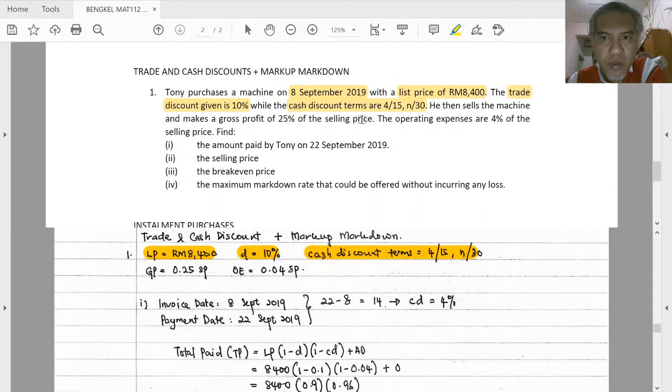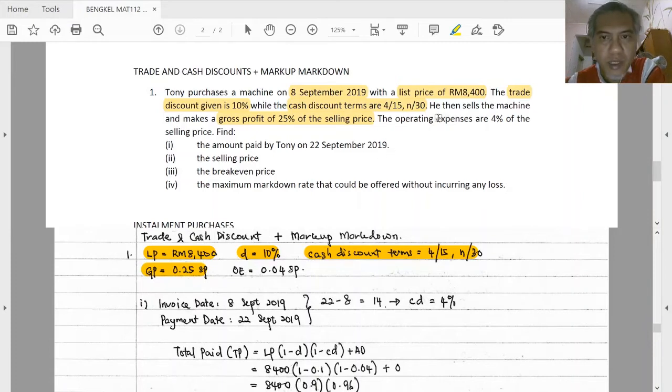And then furthermore, he sells the machine and makes a gross profit of 25% based on the selling price. So this means that you have GP, the gross profit, is 25% of the selling price. So you can rewrite the gross profit as 0.25 SP, which is 25% equal to 0.25.